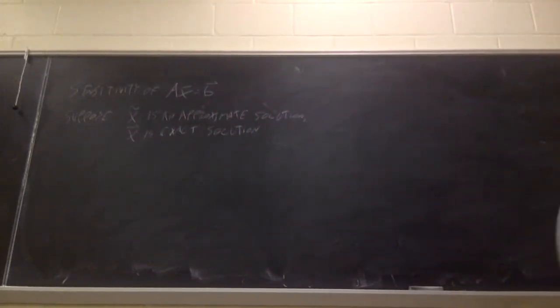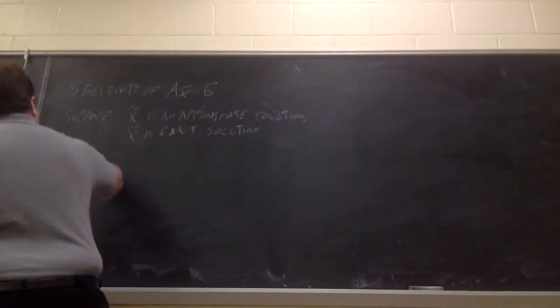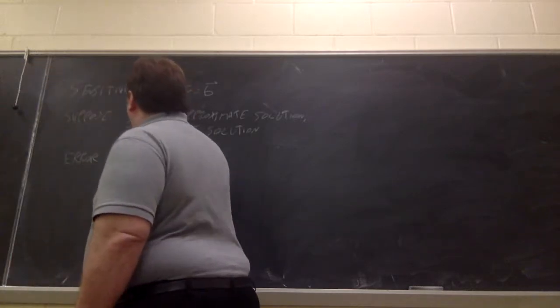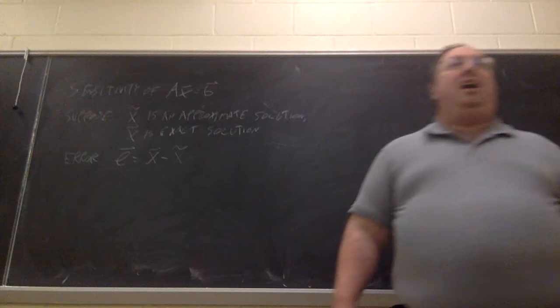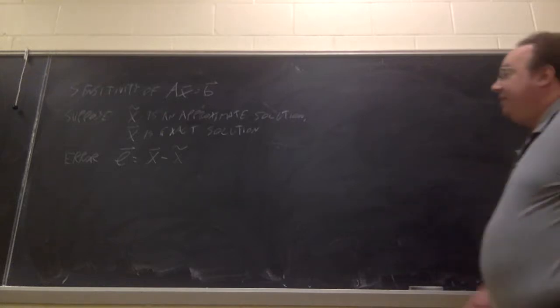Now, the error, we'll call e, is just going to be the difference between the two. Exact minus approximation. In 460 terms, absolute error is what this is.